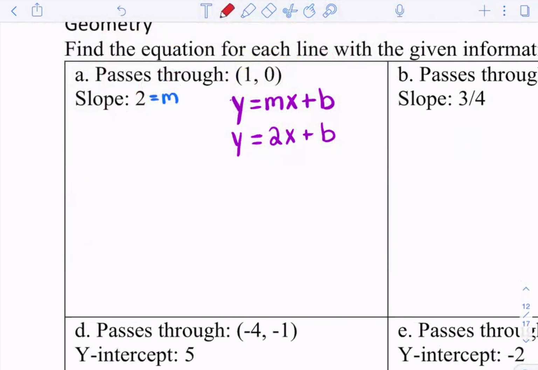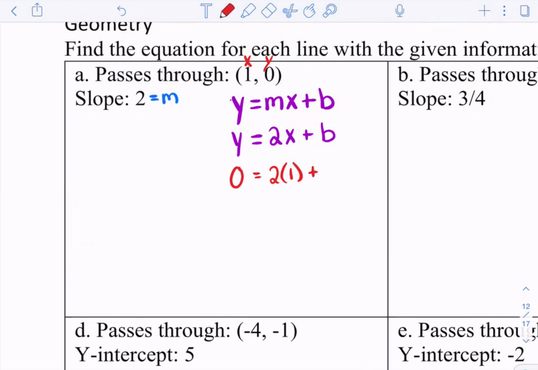And I think everybody knows that a point has two coordinates. One is our x value and one is our y value. And if you look at the equation of the line, you see an x and you see a y in that. So let's replace the x with a 1 and the y with a 0.